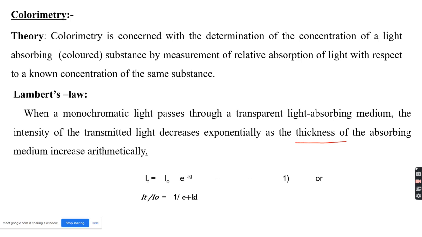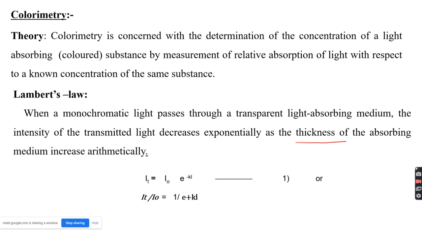Here it depends upon two laws, that is Lambert's law and Beer's law. Lambert's law states that when a monochromatic light is passed through a transparent absorbing medium, the decrease in intensity of the monochromatic light with respect to the thickness of the medium is directly proportional to the intensity of the light absorbed by the substance.